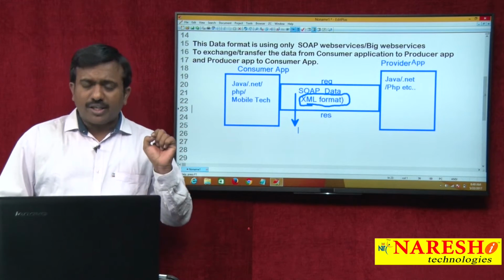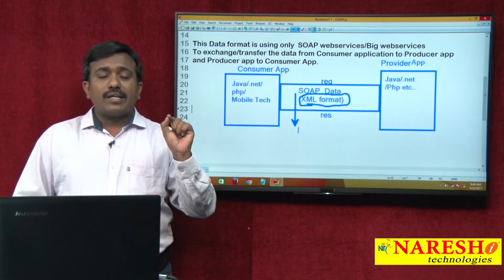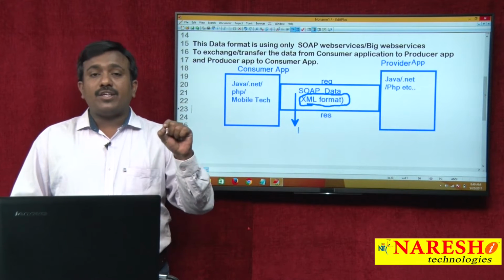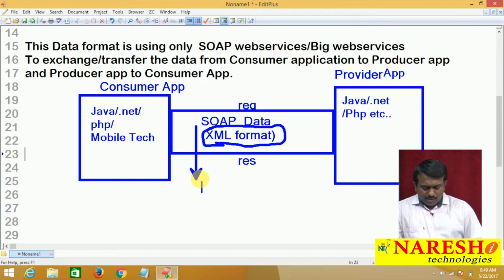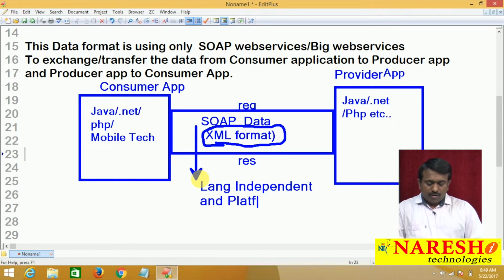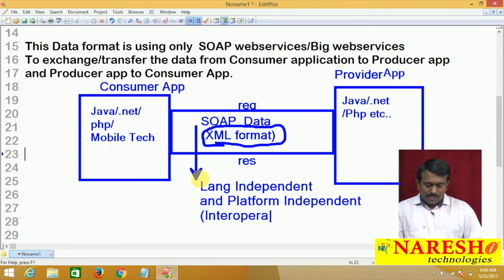So the main advantage of SOAP is that the SOAP format is understood by any language application and any technology application. That means SOAP is language independent and platform independent. Language independent and platform independent is called interoperable.